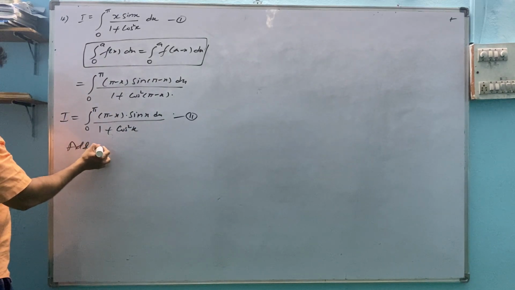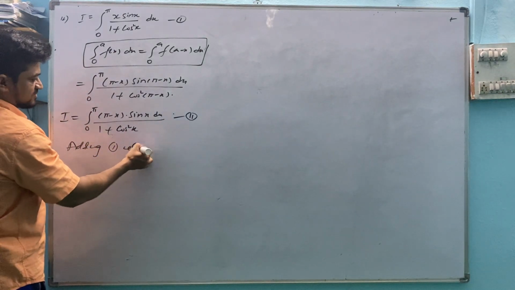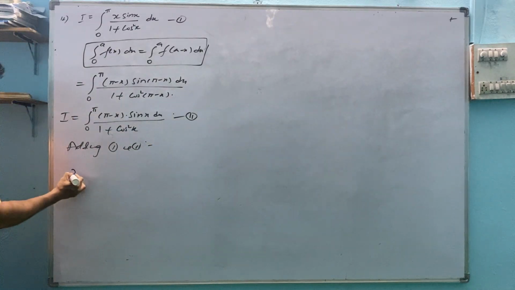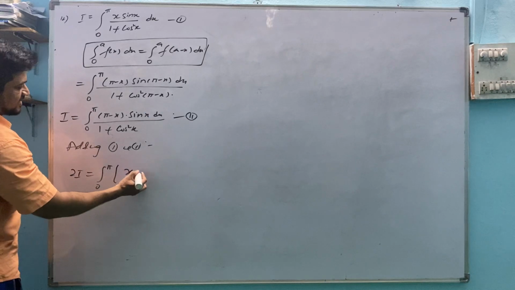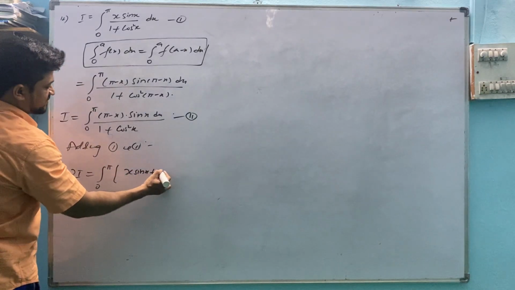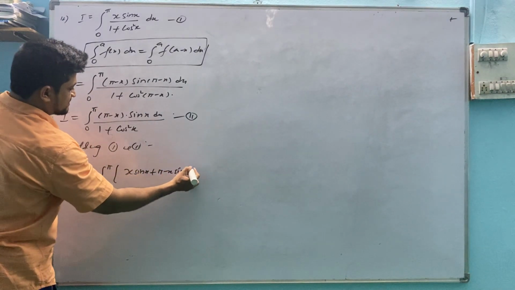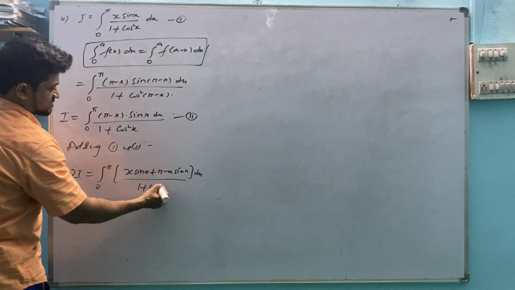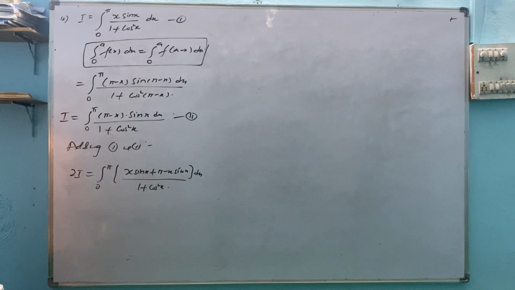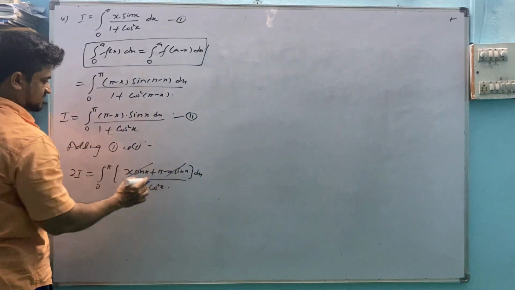Both denominators are the same, so adding first and second, I plus I is 2I. 0 to pi, the numerators we are adding: x sin x plus (pi minus x) sin x, over 1 plus cos square x as it is. These two cancelled.